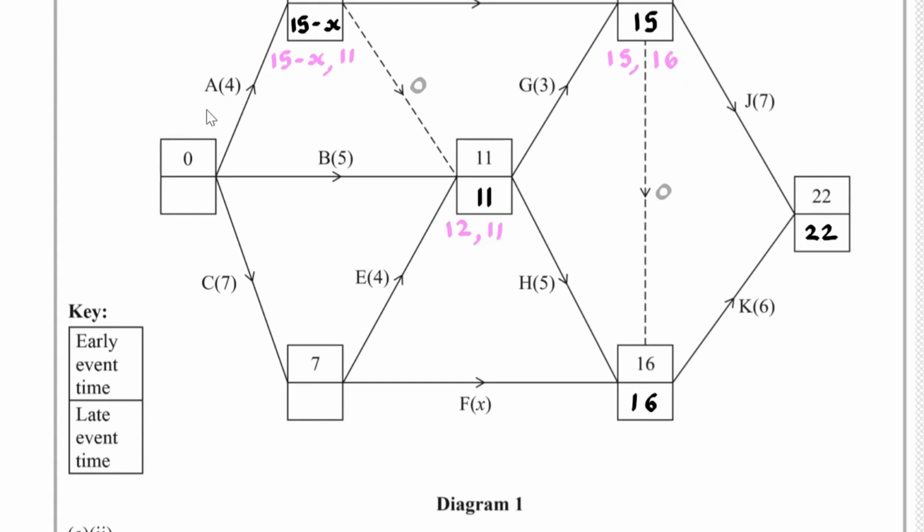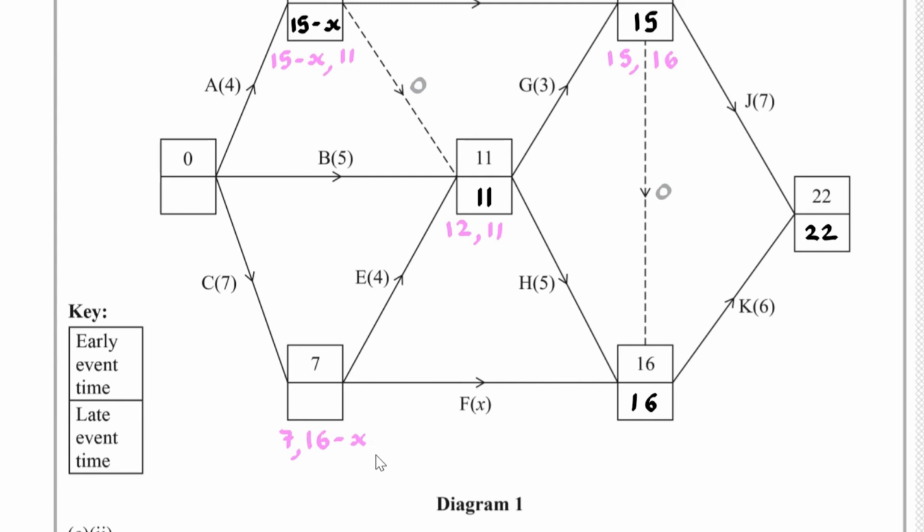And if we work out 11 subtract 4, that's 7. And if I do 16 subtract x, well, certainly what is smaller is 7.